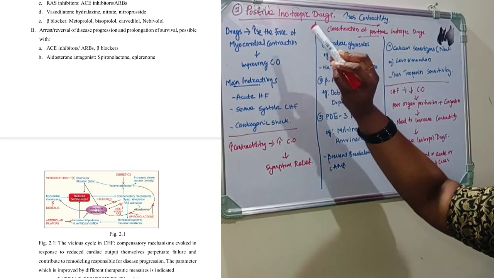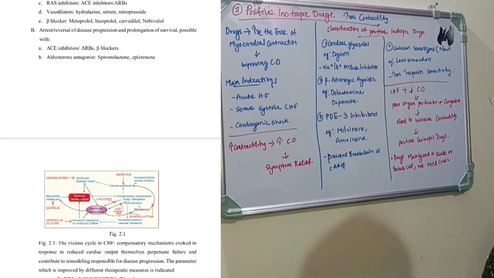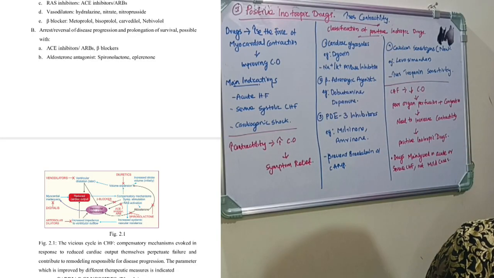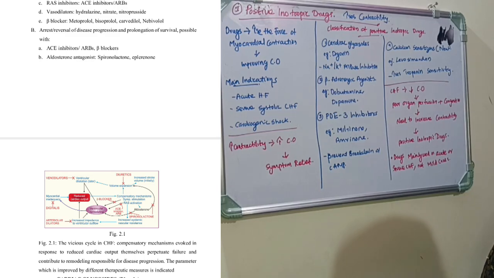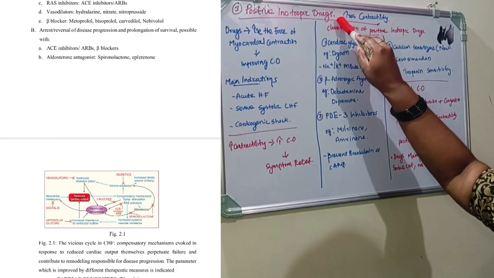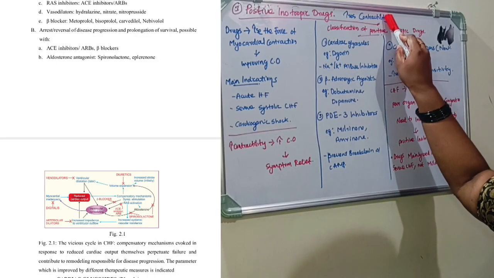In this case you have to remember it increases the contractility. I hope you know that contractility means the contraction of the muscles. The muscles should contract, and only then will pumping take place, right? So positive inotropics increase the contractility.